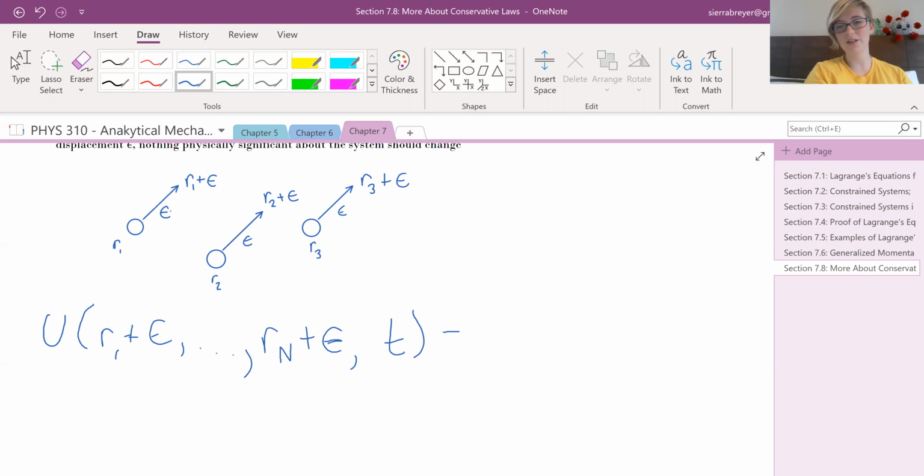Since our potential energy is relative to where each thing is in the system with each other, if we don't change how they move, it stays exactly the same as if we didn't add that epsilon to it. So it just looks like this without it.